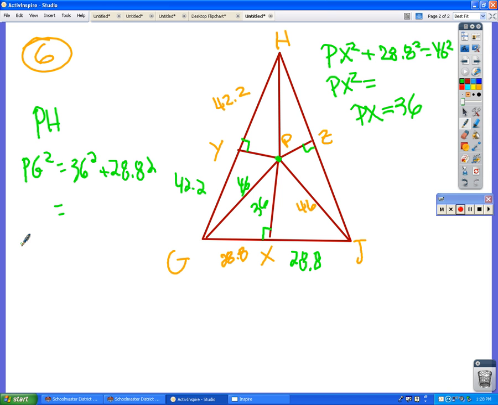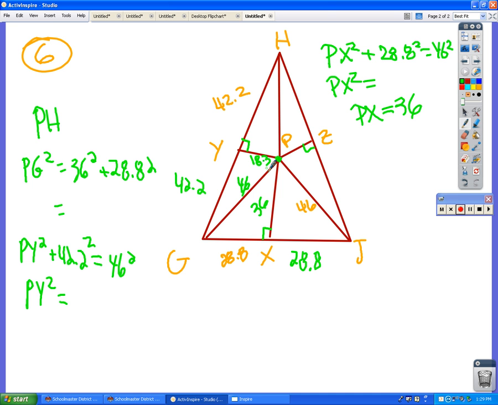So PY squared plus 42.2 squared equals 46 squared, right? So what do you get from that? 18.3.